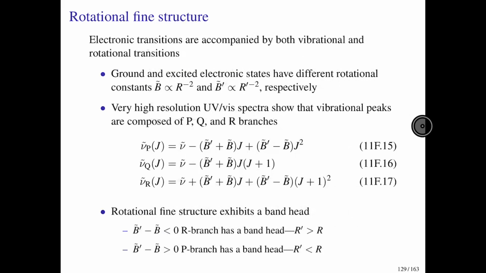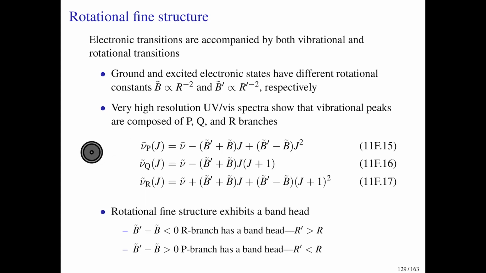Well, if you have an ultra high resolution UV vis spectrum, you can also see the rotational transitions, and the details of that are illustrated here, as before in the vibrational-rotational spectra that we looked at in a previous section.